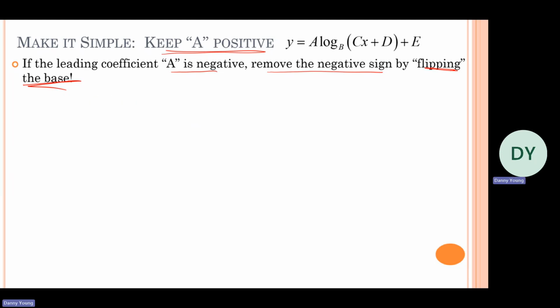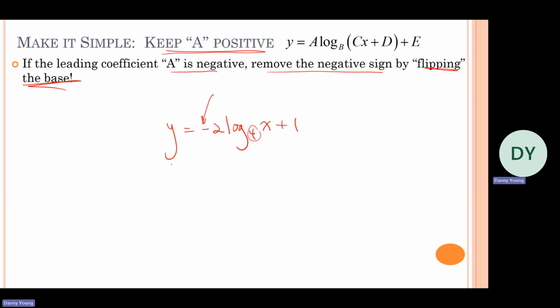Okay, an example would be like, hey, y is equal to -2 log 4 and then x plus 1, like that, right? What's the base right now? 4. Base is 4, right? What's my coefficient right here now? -2, right?